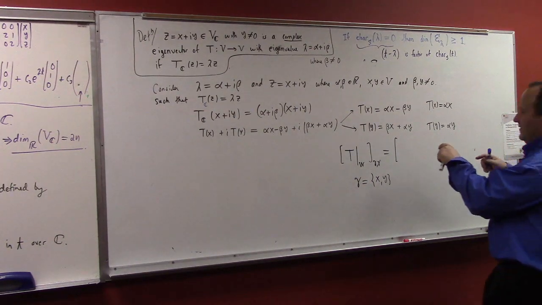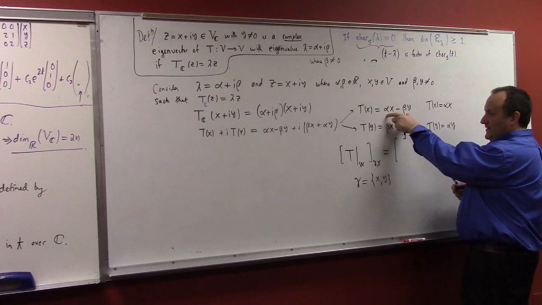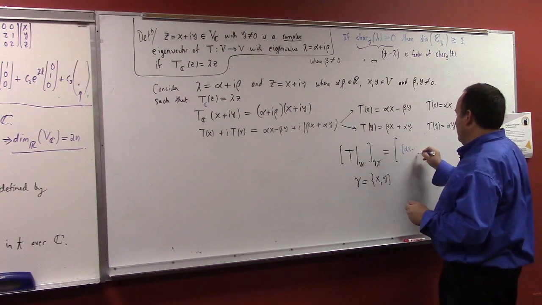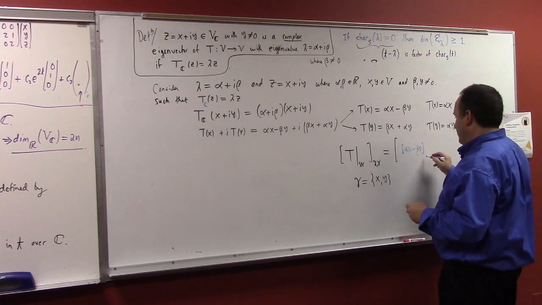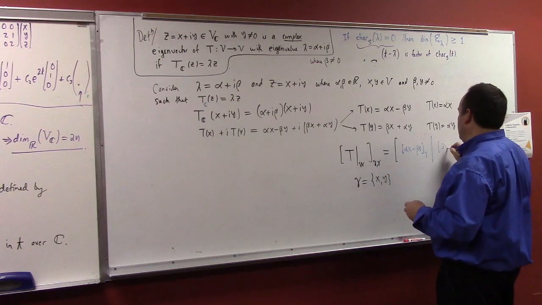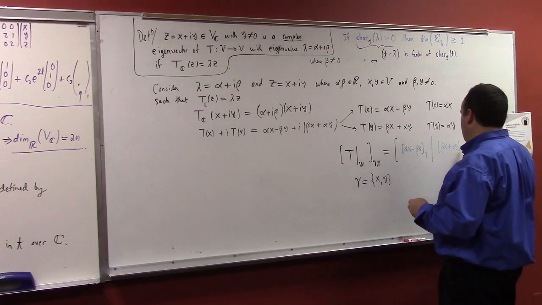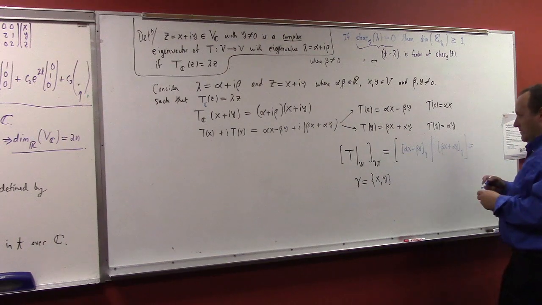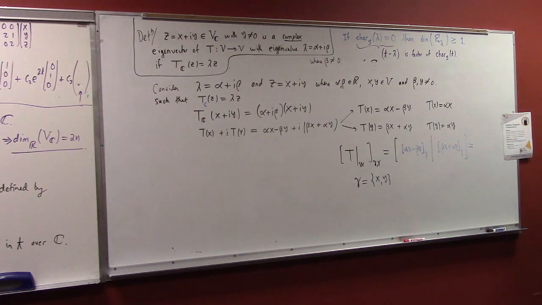So you can see the formula is right here, right? So T of x is this. We'd take alpha x minus beta y, the gamma coordinate of that, then beta x plus alpha y, the gamma coordinate of that, which would be what?